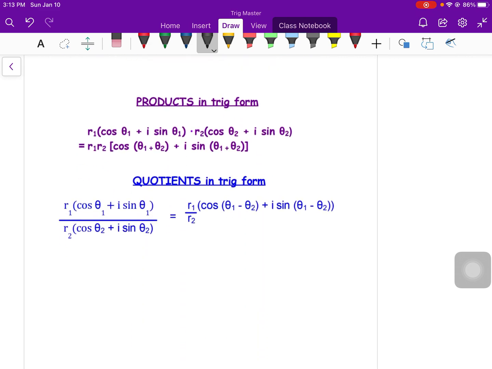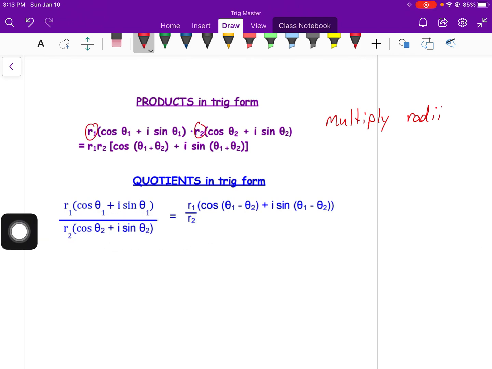So for this one, we have two basic formulas, I guess, if you want to call them that, for products and quotients. It looks very, very complicated. All right. What we're going to do is we're going to multiply the radii, but radii is technically the modulus. You are multiplying the modulus of each of those.